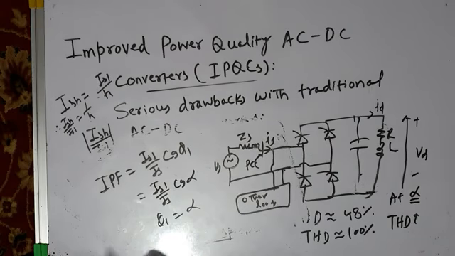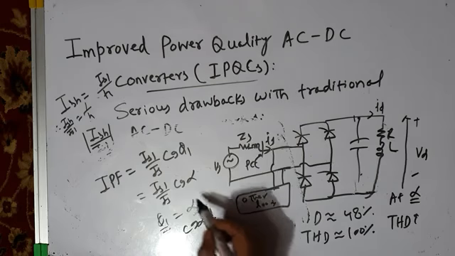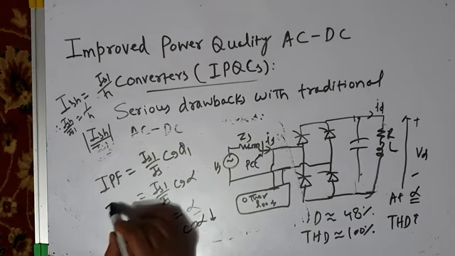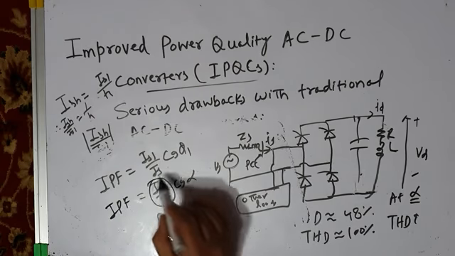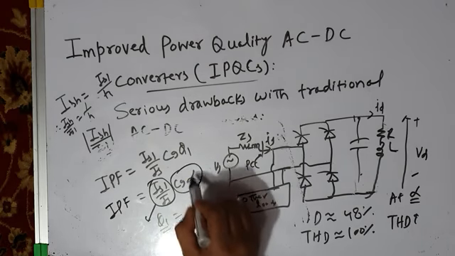Therefore, at large delay angles, large alpha, phi 1 also increases and cos alpha decreases, and your power factor becomes poorer and poorer. Your input power factor becomes poor because of two factors: because of distortion in the currents, the distortion factor, and because of large delay angle.